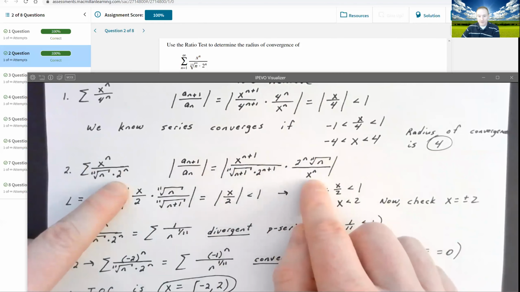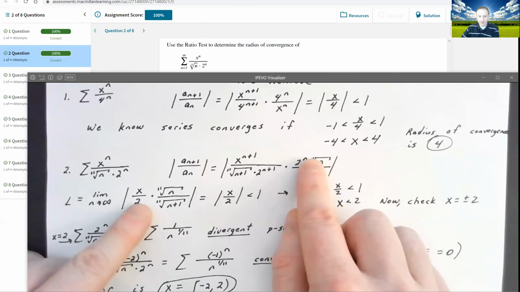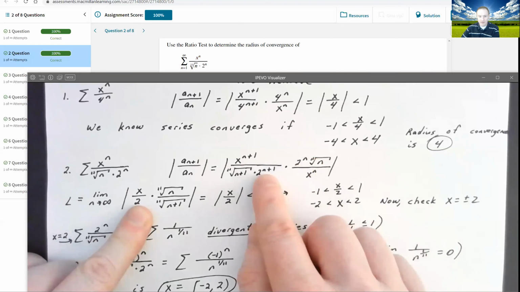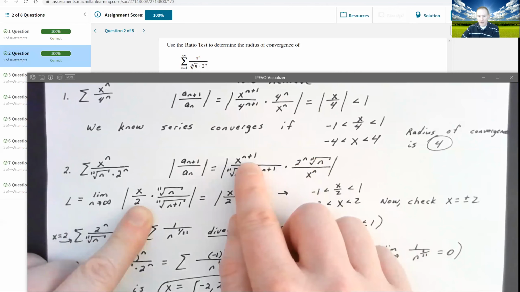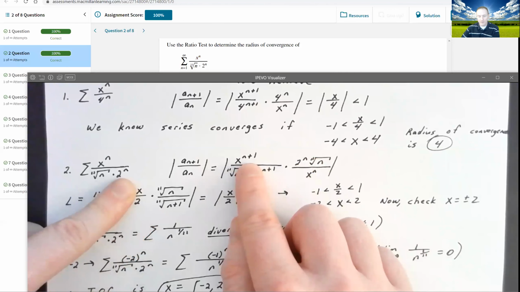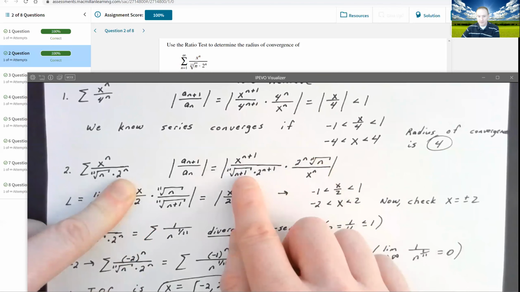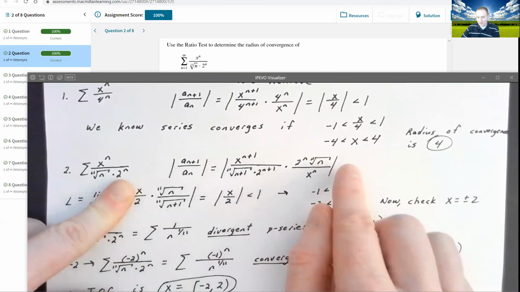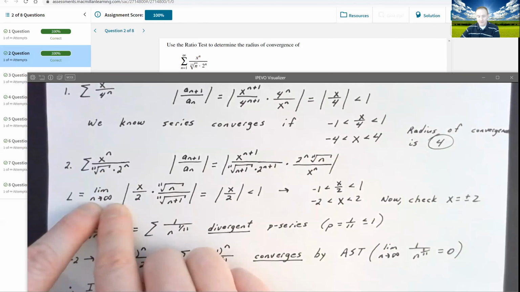Whenever I'm simplifying this, I know that I'm going to have one additional factor of 2 in the denominator because of the 2 to the n plus 1. I'll have one additional factor of x in the numerator. That's where that came from. And then the 11th root of n over the 11th root of n plus 1 doesn't cancel until I put it inside of a limit as n approaches infinity.